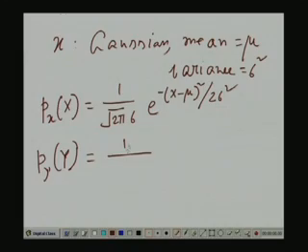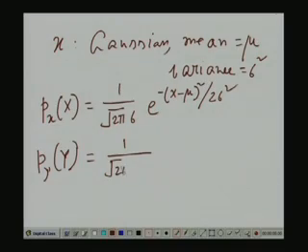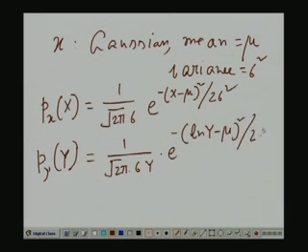Okay. So, this becomes 1 by root 2 pi sigma y e to the power minus ln y minus mu whole square by twice sigma square. This is called a log normal density function.